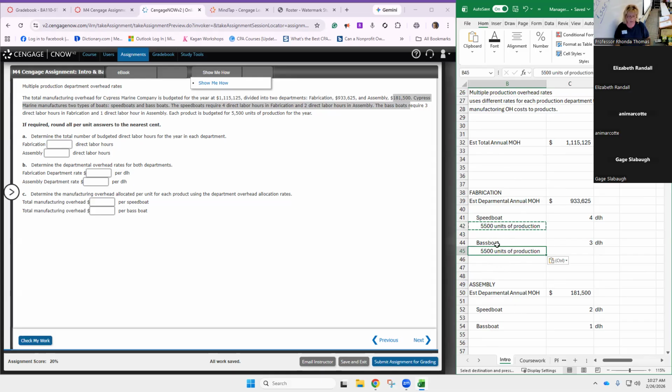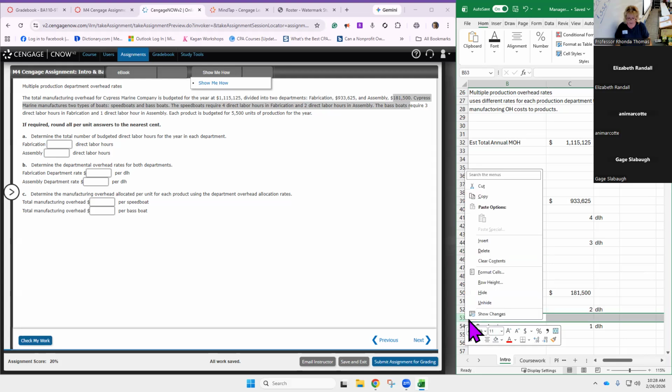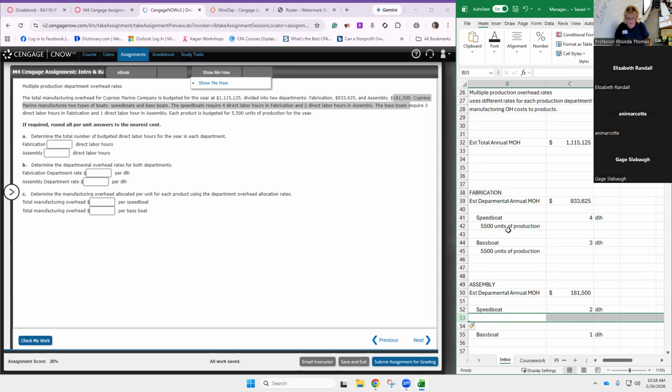Now remember, the 5,500 units are the same units under each department. All right, so let's just keep that in mind. Let me make an extra line. And now we're just going to use this and put it in.